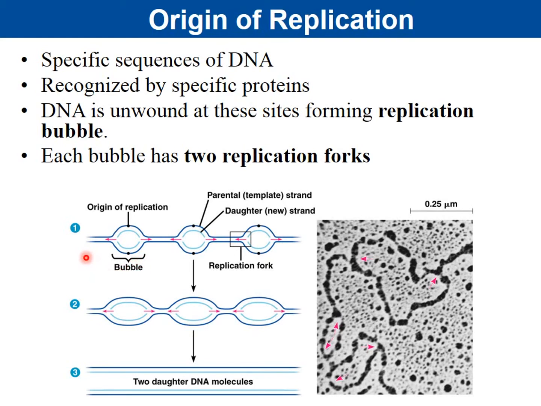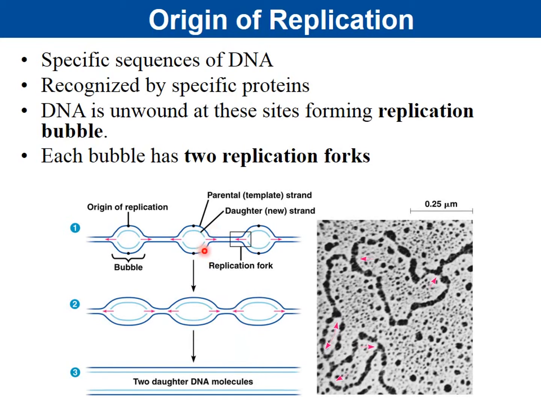It's important to note that each chromosome doesn't have just one origin of replication. It's not that it's going to start at one end and go all the way down in one motion. Instead, if you look along a chromosome, you're going to see multiple origins of replication. All of these replication bubbles are going to unwind and separate simultaneously, and the new strands are going to be made in both directions simultaneously.